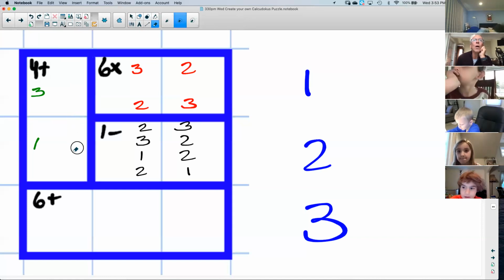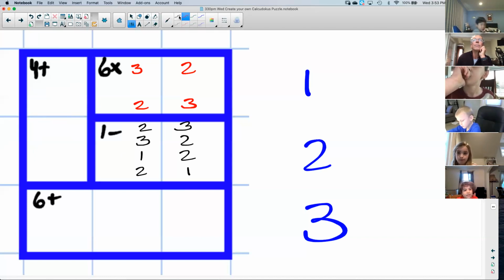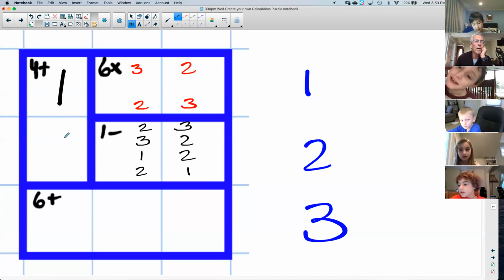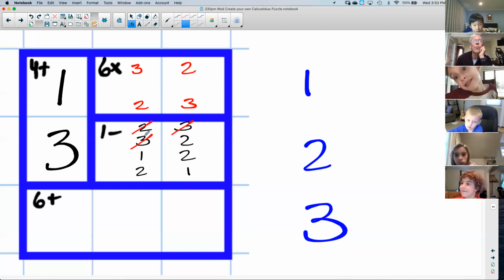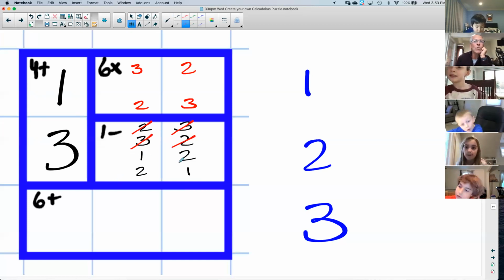So we now know that that square is a 1, and therefore this square is a what? 3. And if that square is a 3, we can take off the 3 here and the 3 here, because that can't be a 3. So therefore it can't be 2, 3 or 3, 2, but it can be a 1, 2 or a 2, 1. But we don't know which one yet.